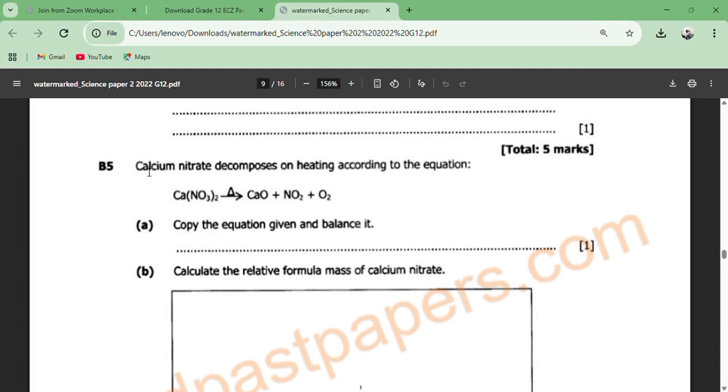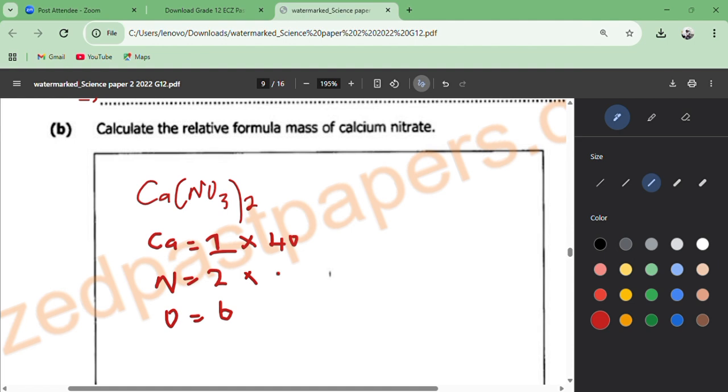The mass number for nitrogen? 14. Mass number for oxygen? 16. Okay, let's sum up.